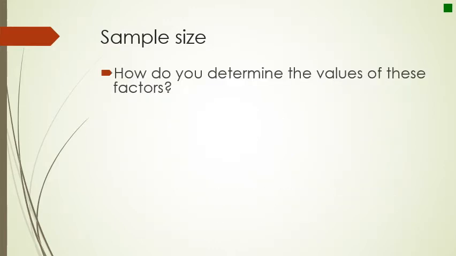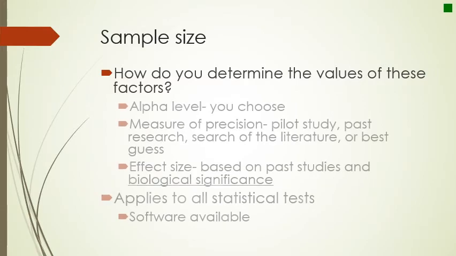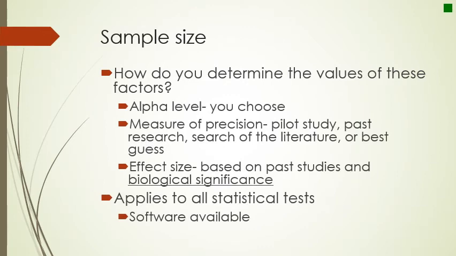So to review this then, how do you determine the values of these various factors? Well, the alpha level, as we said, you choose, and that determines the t-value. The measure of precision, the variance in this case, is determined either from a pilot study, past research, literature, or a best guess. And finally, the effect size is based on maybe past studies that you've looked at and on something that you identify as biologically significant.